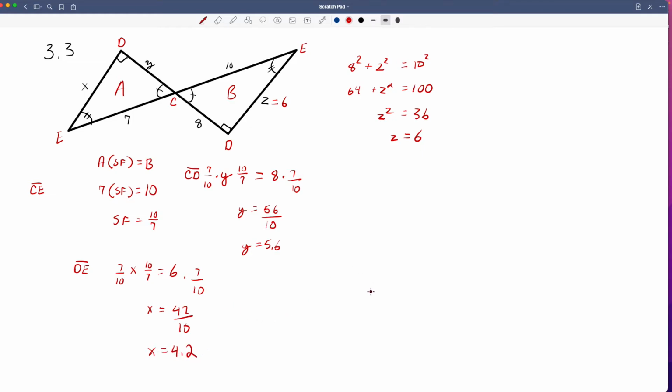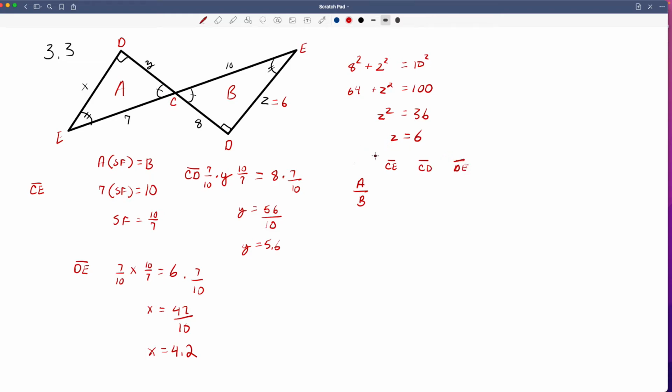Easy peasy. Now we could have just as easily done this with the ratio approach. And if we did, we would still have had to solve using Pythagorean's theorem to find this unknown here. So let's do it that way and see how that works. So I'm going to have A over B, and then I'm going to do line CE, line CD, and line DE.